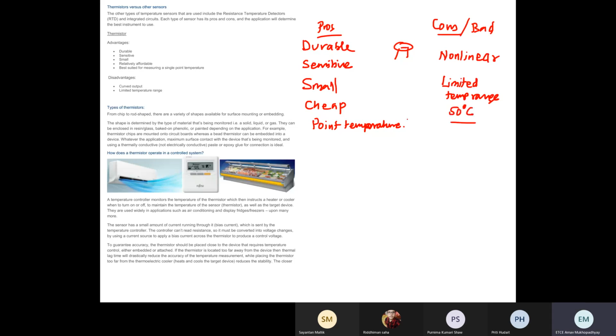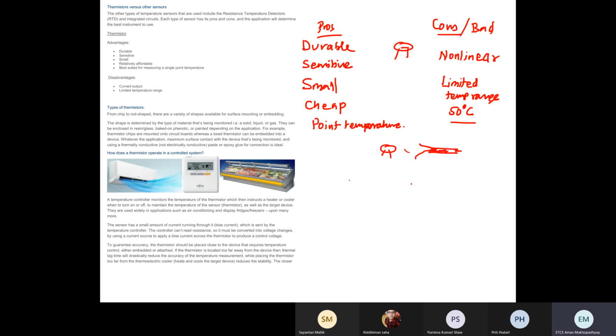So after that, it will not be very good. What are the shapes and sizes? They are available in various shapes and sizes. It can be like this, it can be like a rod. It can be anything, like a cylinder, it can be mounted on a surface, it can be like a wire diagram, anything.